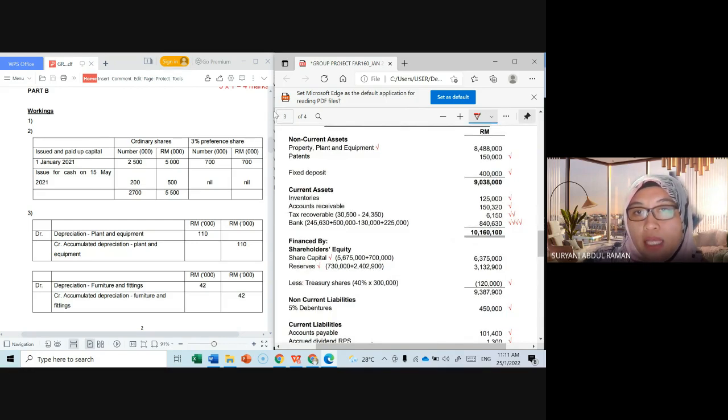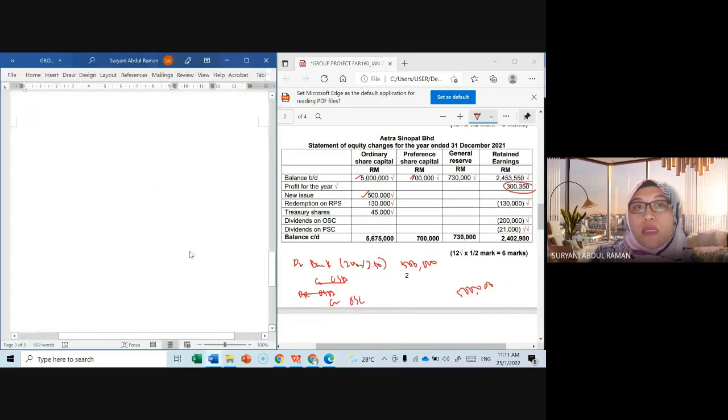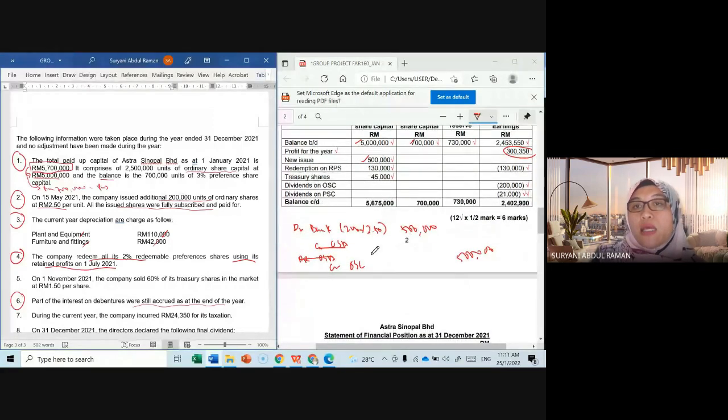Your original bank balance will be added with 500,000. You see? That is the effect of the double entry. Okay, when you sell shares, this is the effect. You will receive money and you will increase your share capital. Okay, number 2 is done.